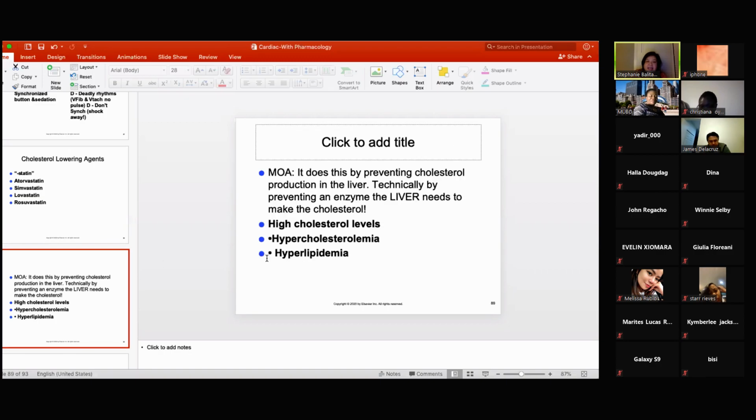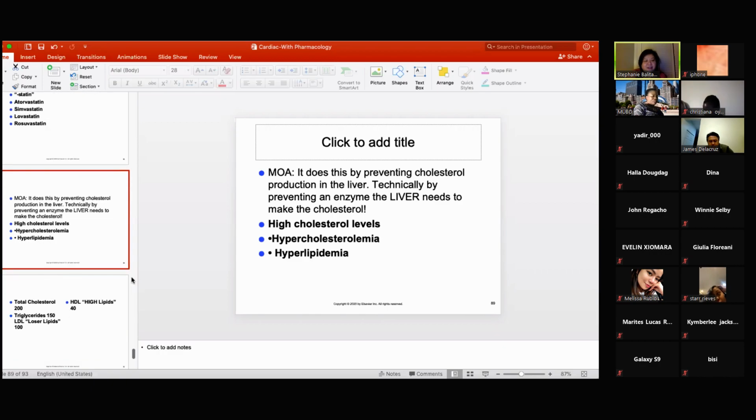They are indicated for high cholesterol levels. How do they work? They prevent the liver from producing cholesterol. So, bad liver, but this medication stops the liver from producing cholesterol. It's indicated when your cholesterol levels are too high.